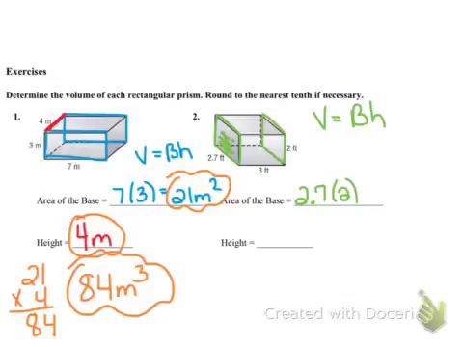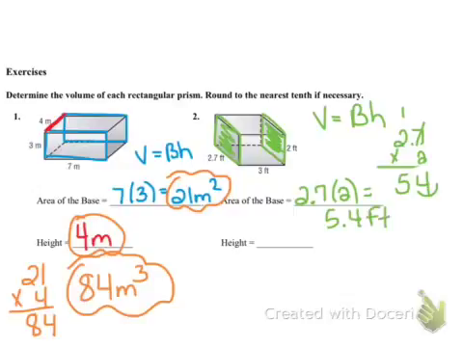Okay, that's how big those two rectangles are. That's their dimensions, 2.7 times 2. Okay, so the area of the base is 5 4/10 square feet.